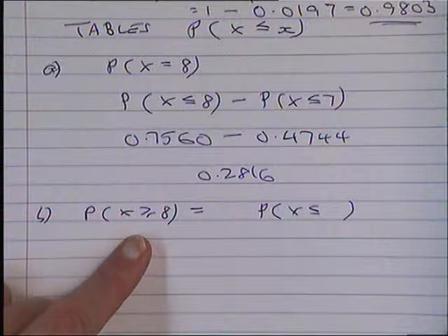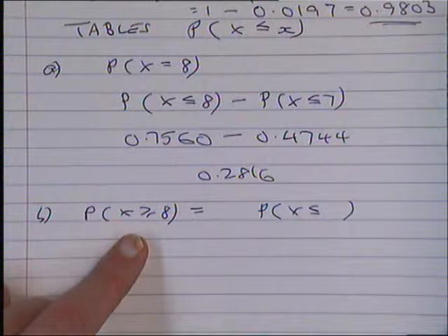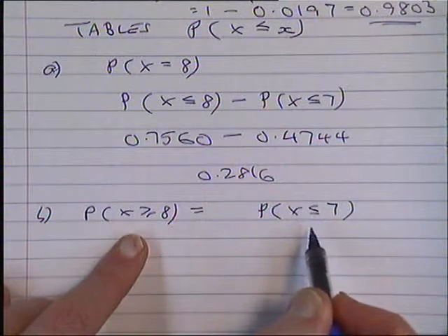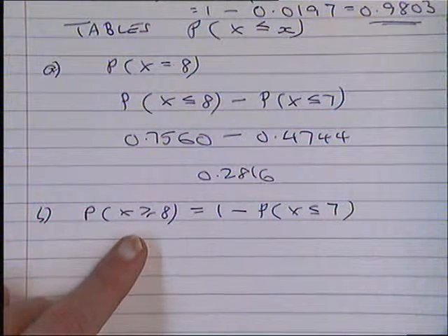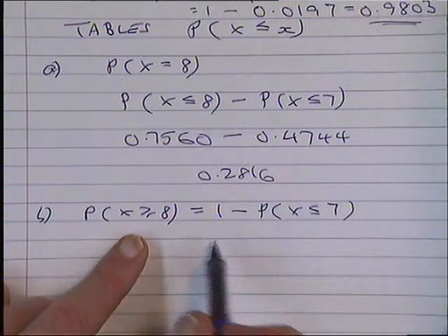Go on, Lucy. No, you were right. The opposite of 8 or more is 7 or less. So put a 7 in there, less than or equal to 7. And because it's an opposite, what do I need to put in here? 1 minus, yes.